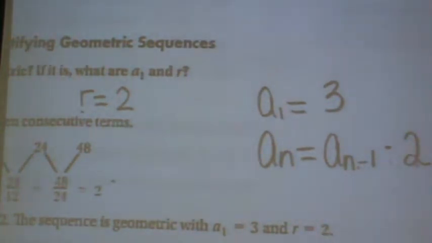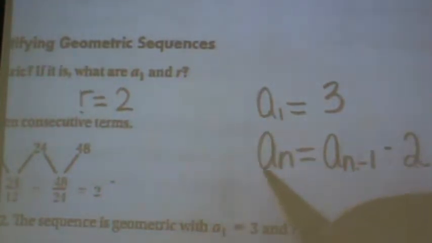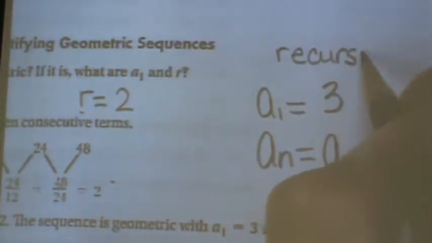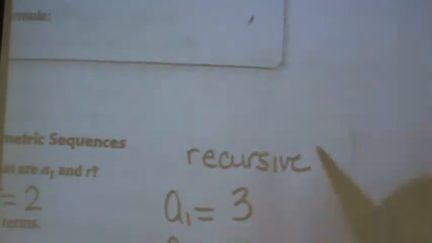Shocking. Now, what if I asked you, hey, what's the 50th term? Are you going to sit there and go multiply by 2, multiply by 2, multiply by 2? No, it'll take you forever. So this one's recursive. The explicit formula for this one looks like this. I'm going to write it above here.